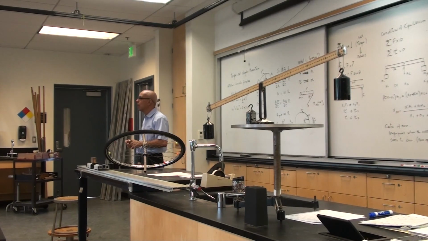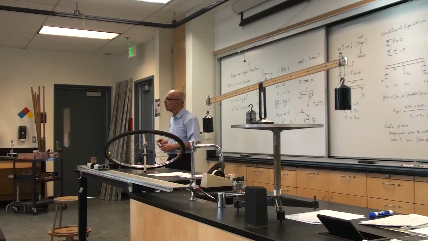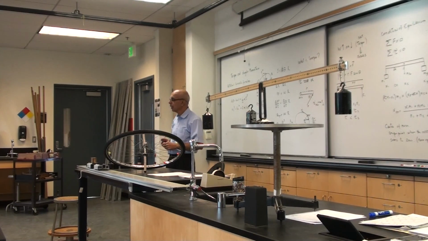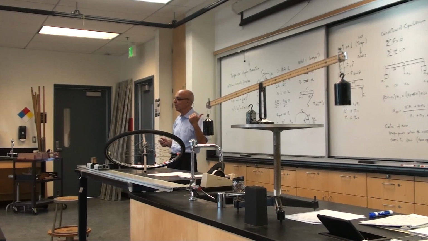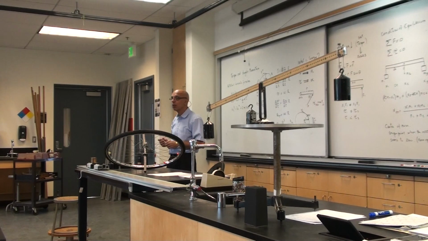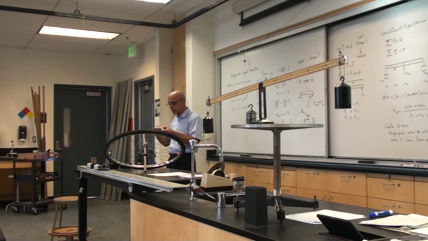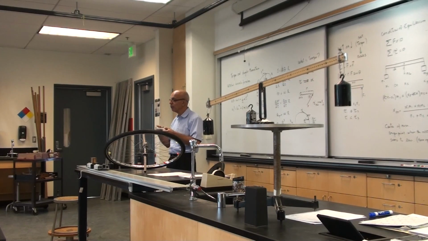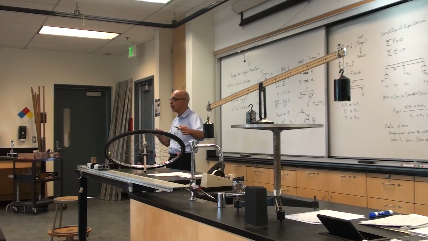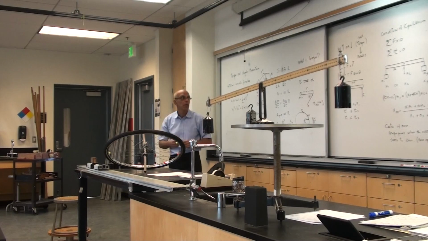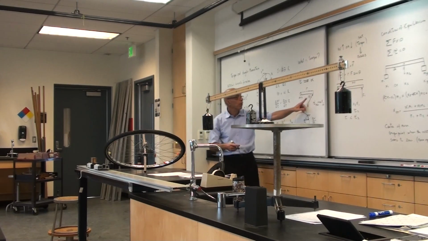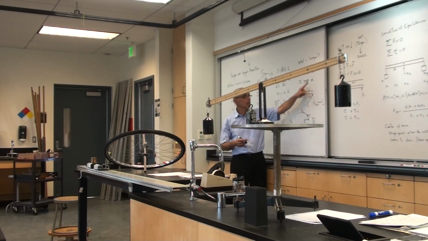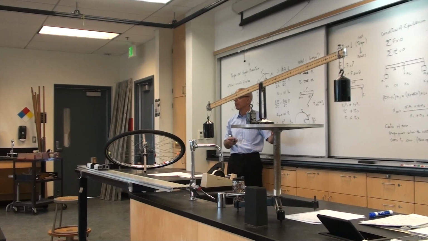Work is force multiplied by distance. But this is rotation, right? The work you're talking about is linear. The force with a linear displacement, that would be work. Here, I'm applying a force, and this thing here is just rotating.